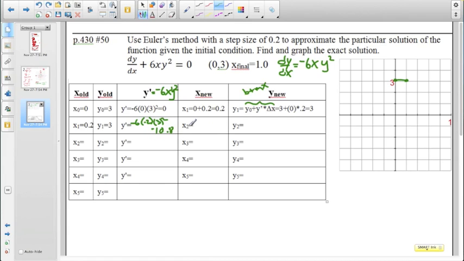And so our step here is we are at 0.2, and we're going to add 0.2. So our new x is 0.4. So we're out here at 0.4. And our new y is going to be y sub 1, which is 3, plus our slope, negative 10.8, times our step of 0.2.